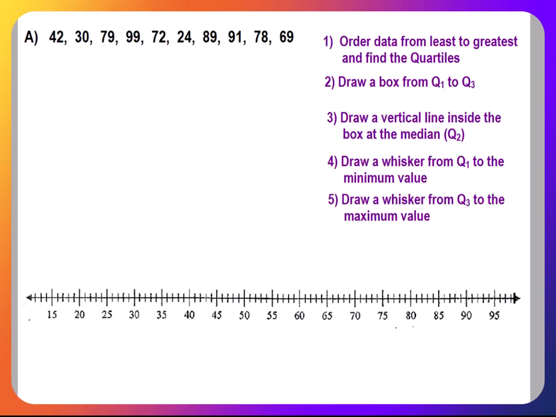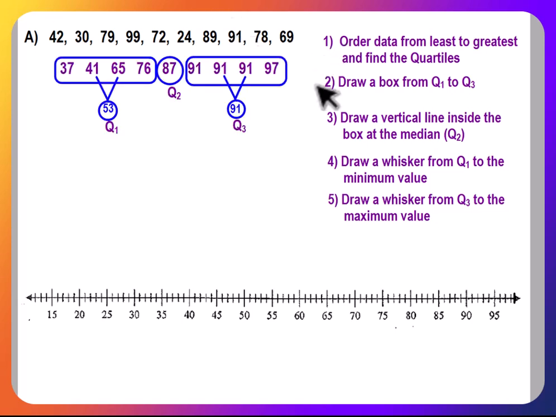So here we go. Okay, so the first thing you want to do is find your quartiles. You may have noticed that for this data set, we actually found the quartiles already. You can go back to that video if you need to, but you always want to put your data set in order from least to greatest, and then you can find your quartiles from there.